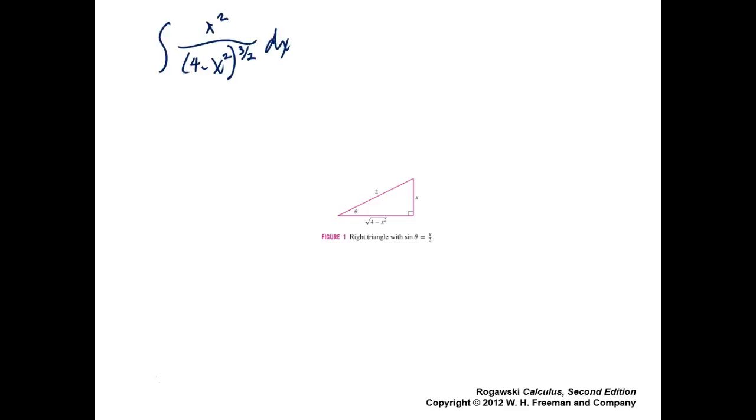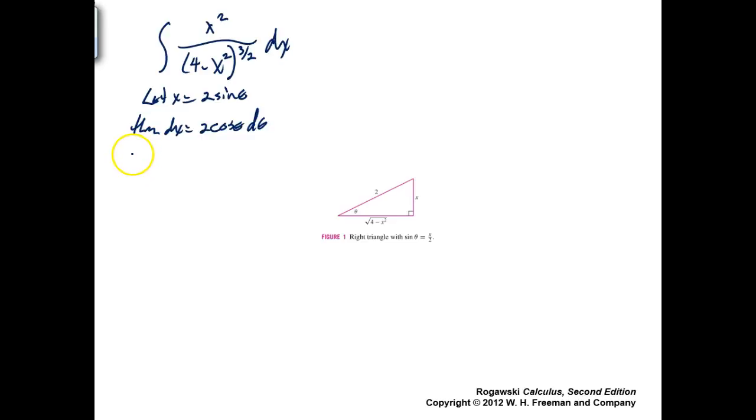Let x equal, you do have this constant here, so what do we do with it? Okay, square root of, yeah, 2 sine theta. Then dx is equal to 2 cosine theta d theta.